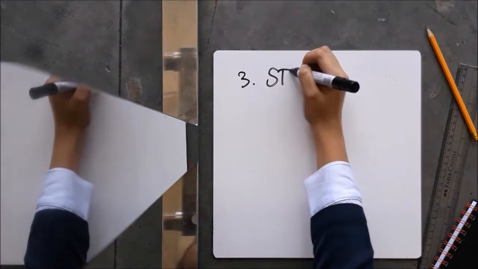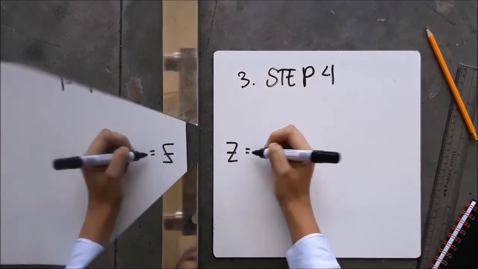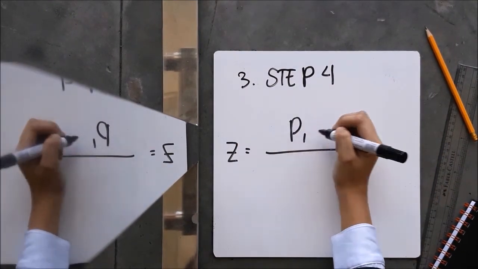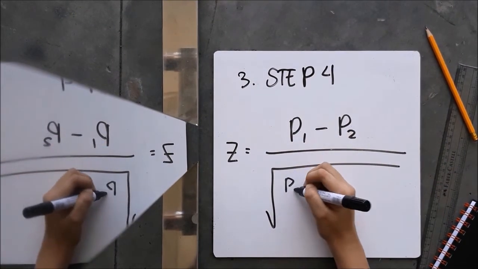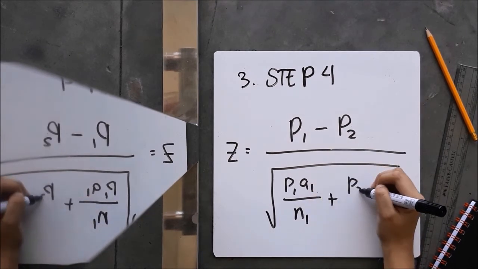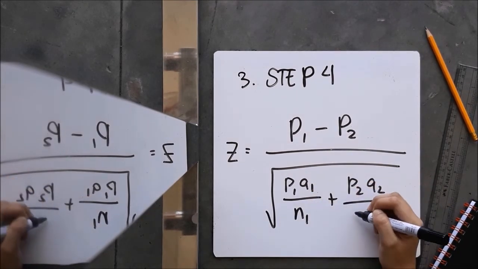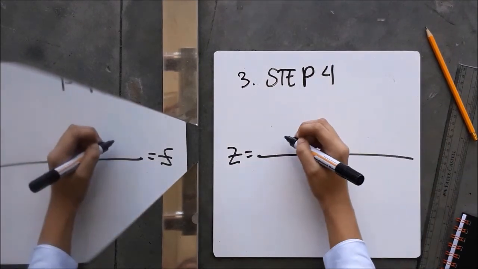Step 4 is to solve. Using the formula z is equal to p1 minus p2 all over square root of p1 q1 over n1 plus p2 q2 over n2. Substitute the values that you have.